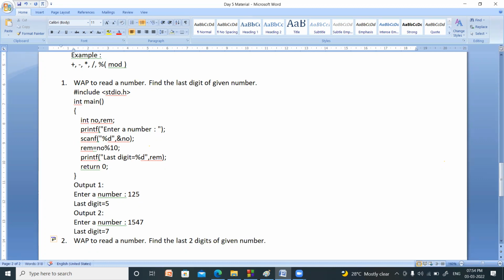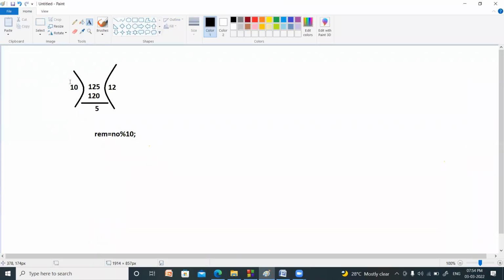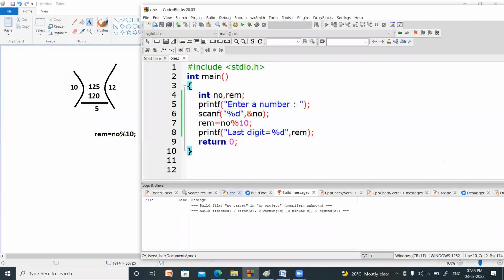If you divide a number by 10, you can get the last digit. If you divide a number by 100, then you will get the last 2 digits. The formula is remainder equal to number mod 100.